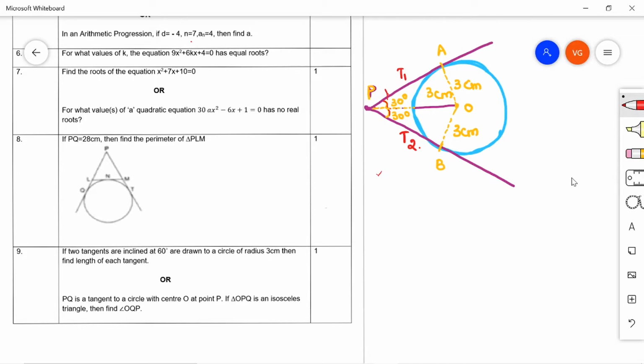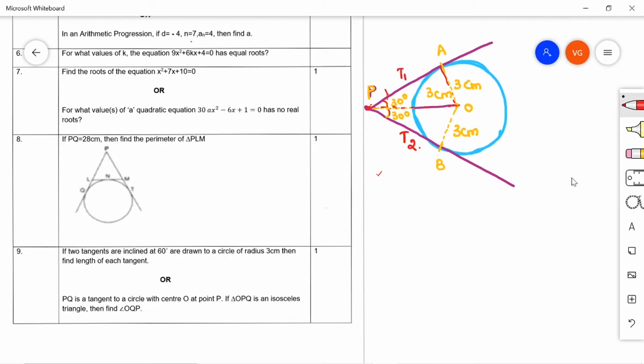They are asking you to find the length of each tangent. So if you find out PA, that will be equal to PB, as I discussed in the previous problem also. The tangents drawn from the external point to the circle are equal. So let us find out. If you see here, consider this triangle PAO, right?